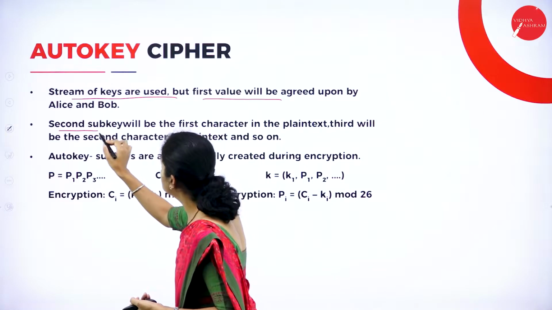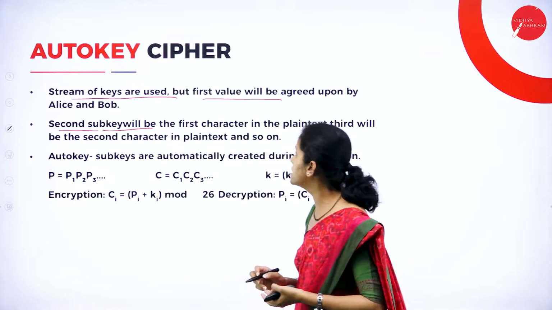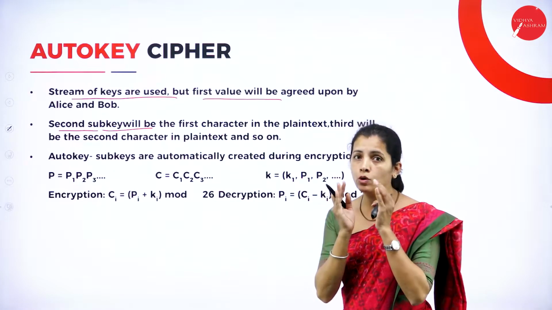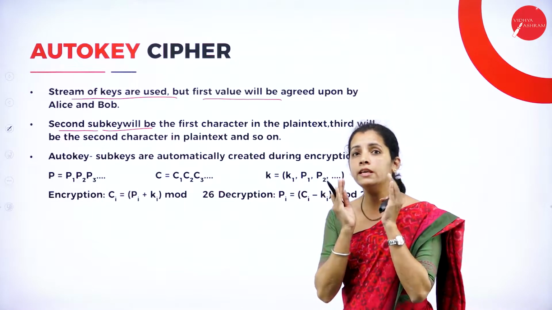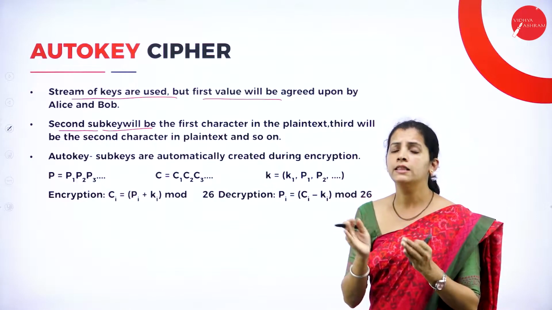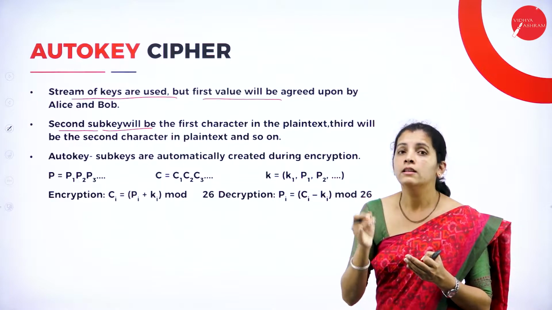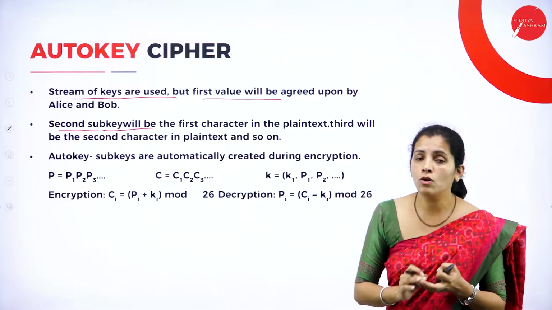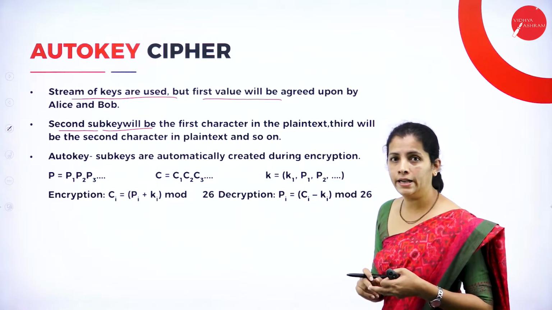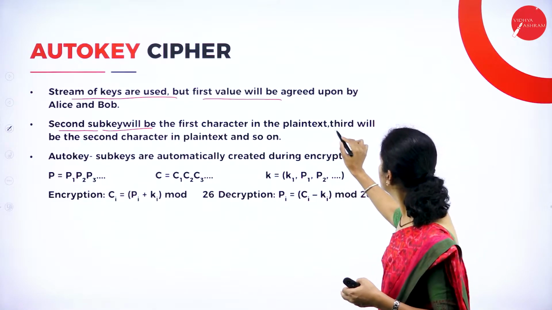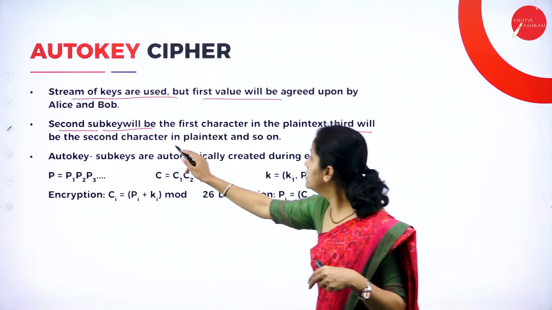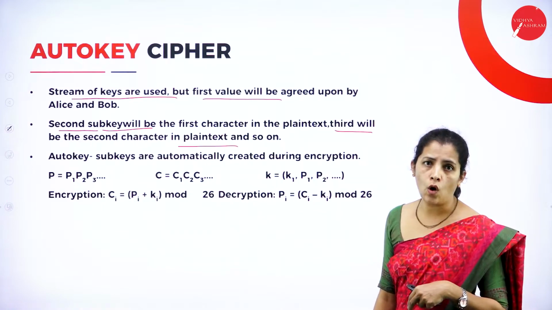So the second subkey will be the first character in the plaintext. That means first I want to consider the key, and the same key is shared between sender as well as receiver. Then what about the next key? That purely depends on the first character of my plaintext. So the third will be the second character in the plaintext, and so on.